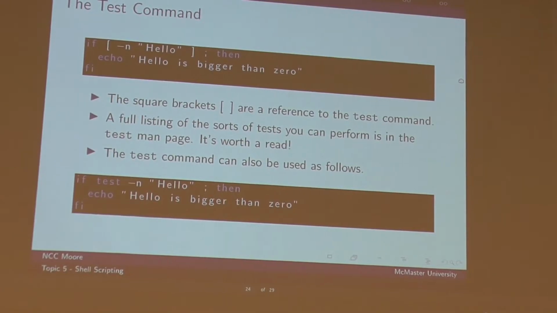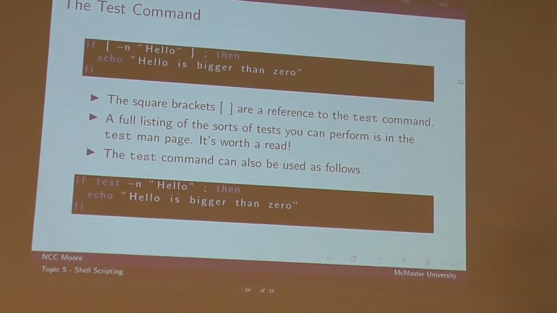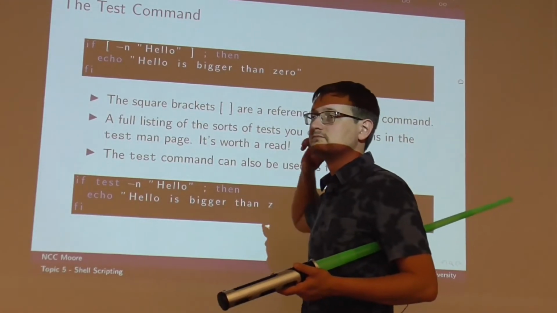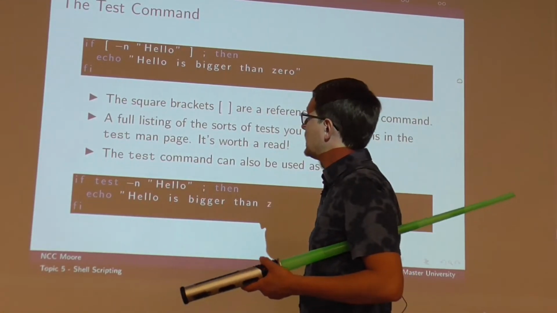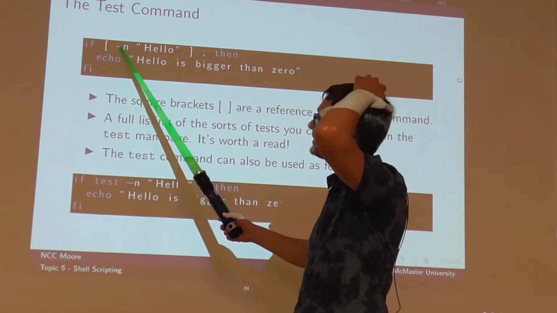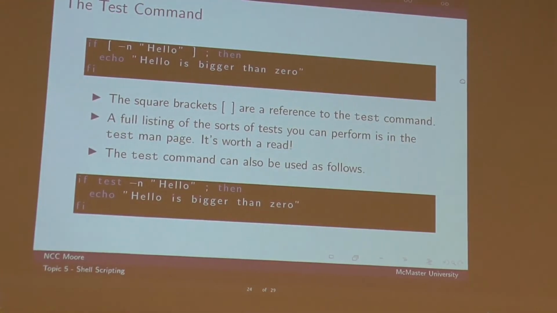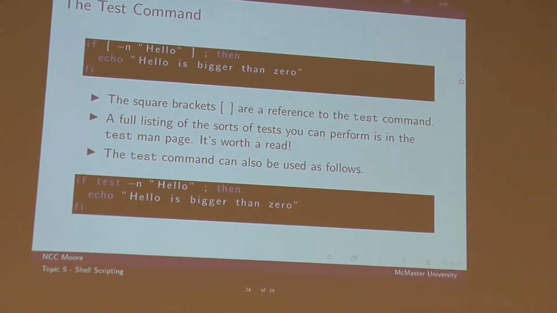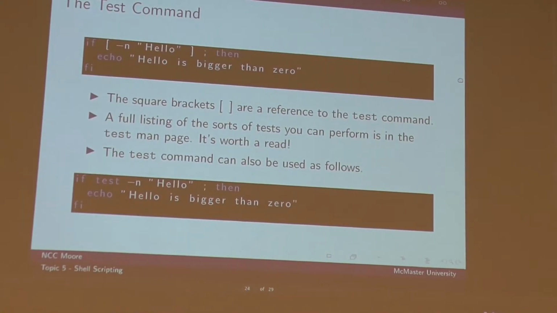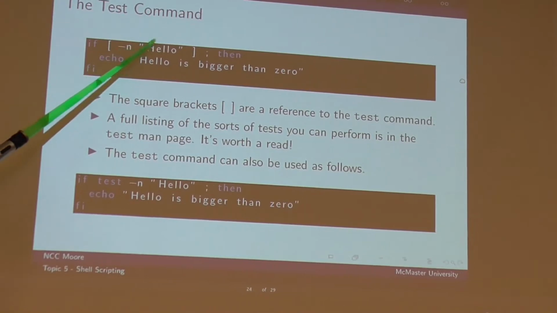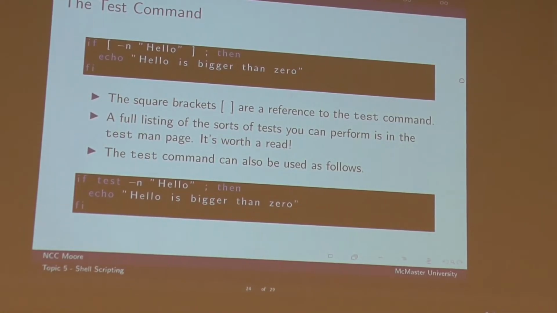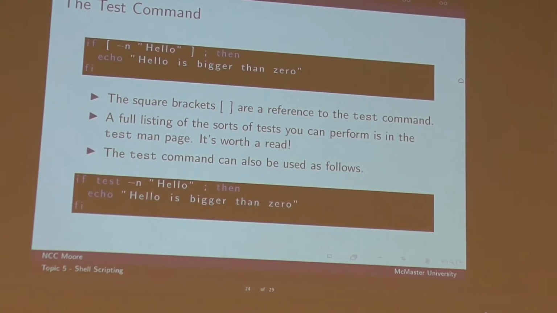Yes? I'm sorry, what's the meaning of the N? What's the meaning of which? The N before the hello. That is a particular flag which indicates the type of test which we are performing, right? If you look it up in the test man page, N means we are testing this to see that the provided argument contains more than 0 characters.